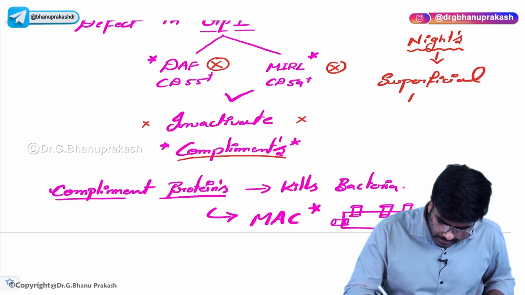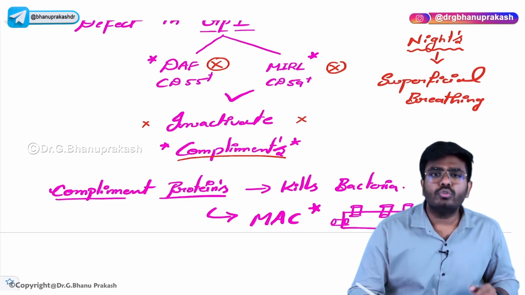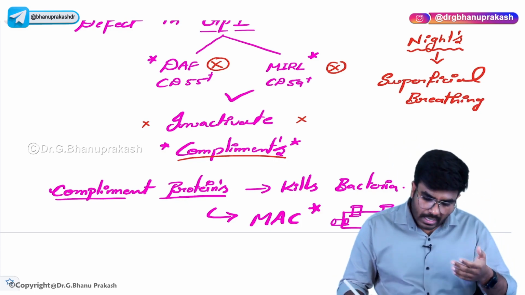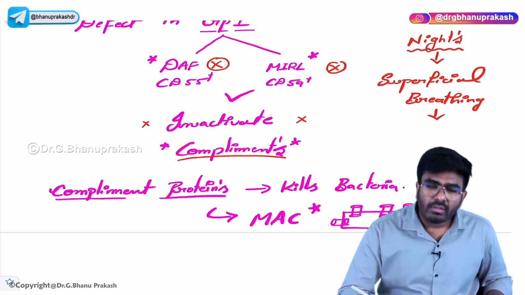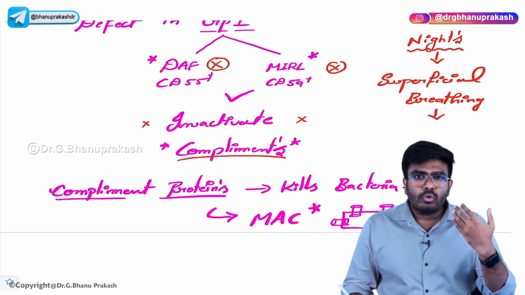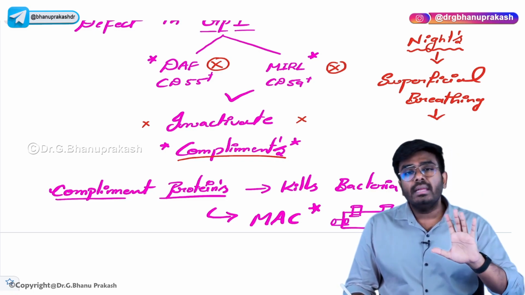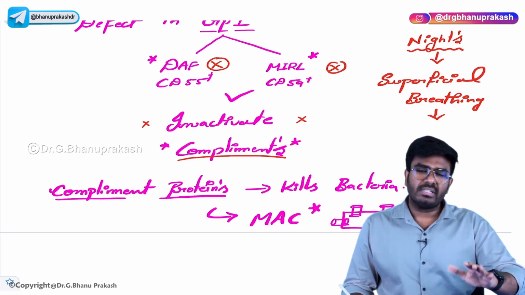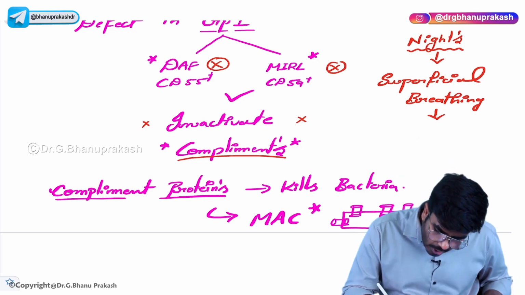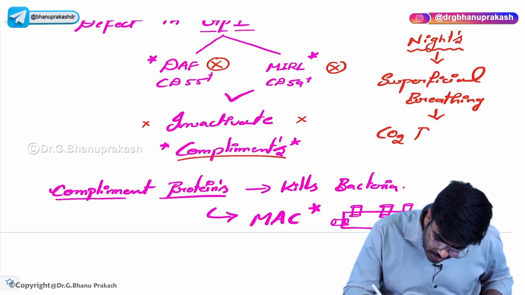There is no deep breathing, just shallow breathing. Whenever there is shallow breathing, is he able to properly take out carbon dioxide from his lungs? No, this is just shallow breathing, right? There is carbon dioxide retention in the body.